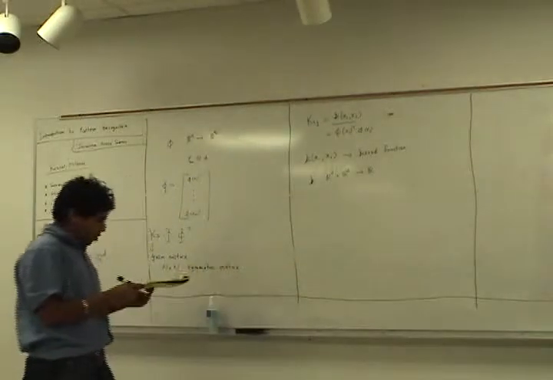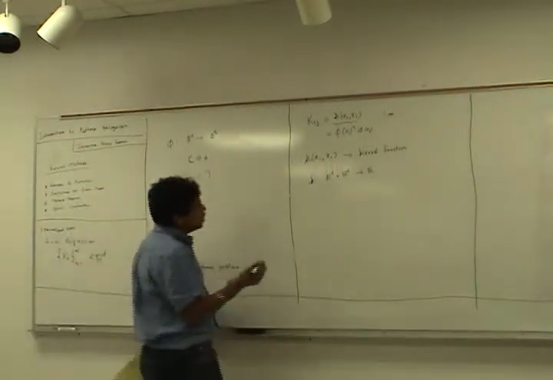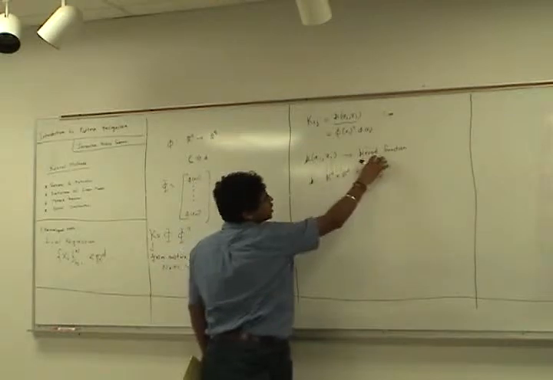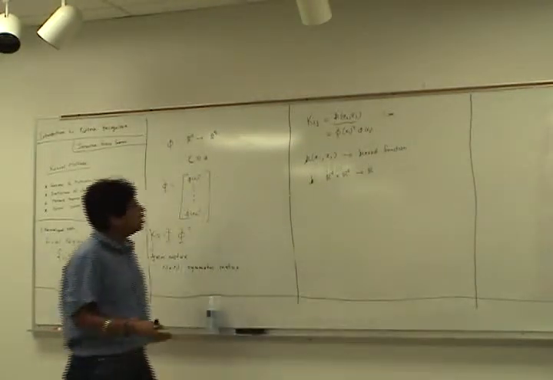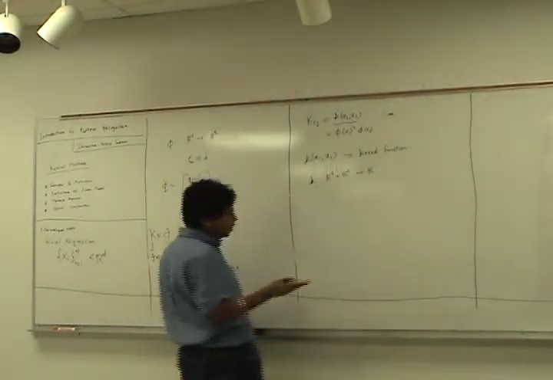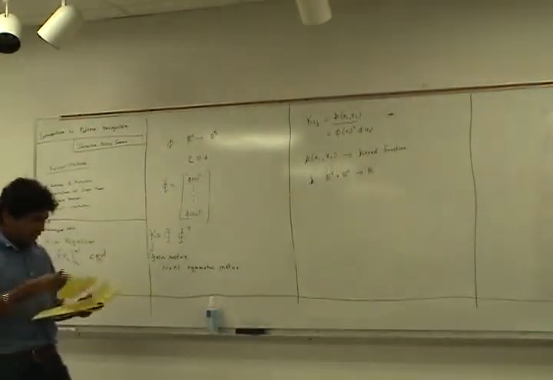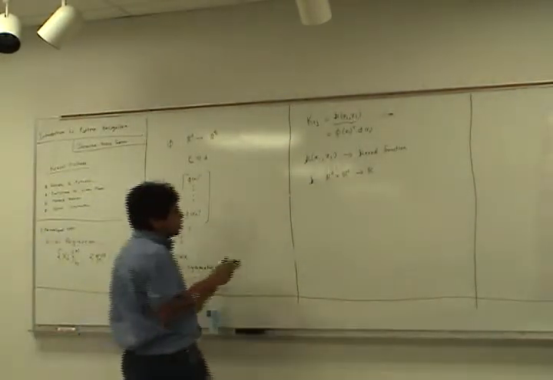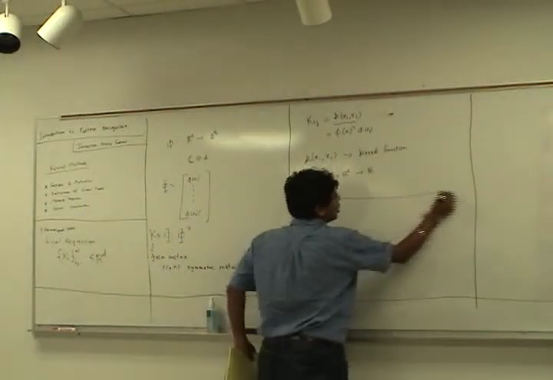Now we'll carefully look into what it means to be a kernel function. When is it called a kernel function? When is it a valid kernel function? But before that, let's look into the motivation. Earlier we did linear models.